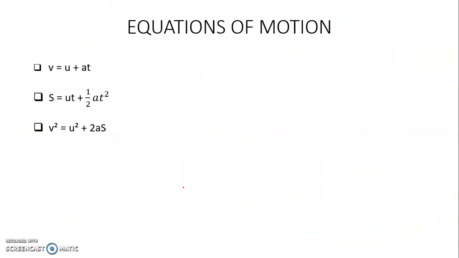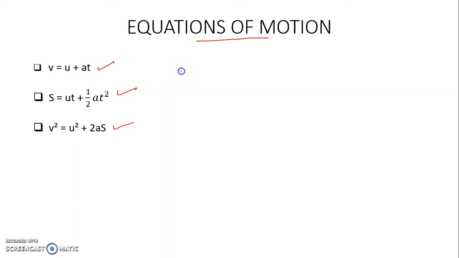Alright. Now coming to another topic. This topic is very, very important to understand and do numericals, because there are many numericals based on this topic. So equations of motion. Basically, here we have 3 equations of motion, and these 3 equations of motion can only be applied if the acceleration is uniform.